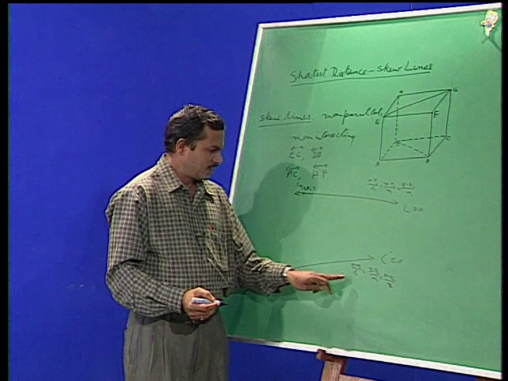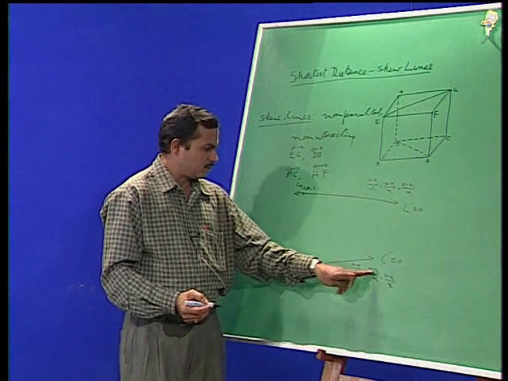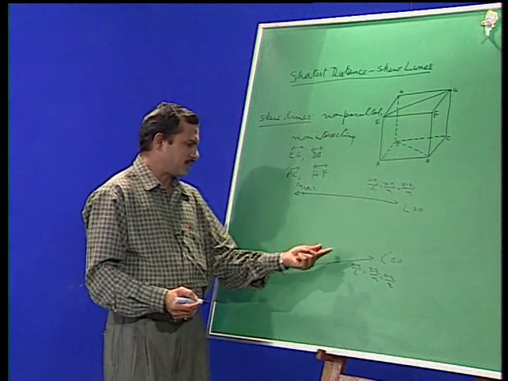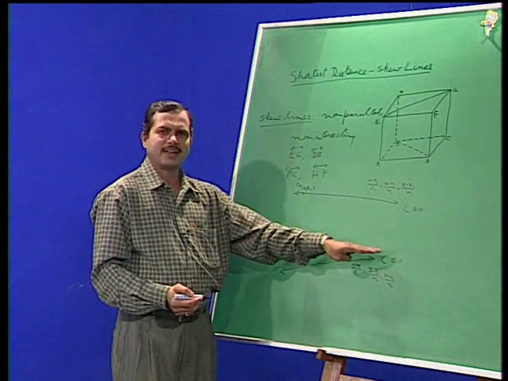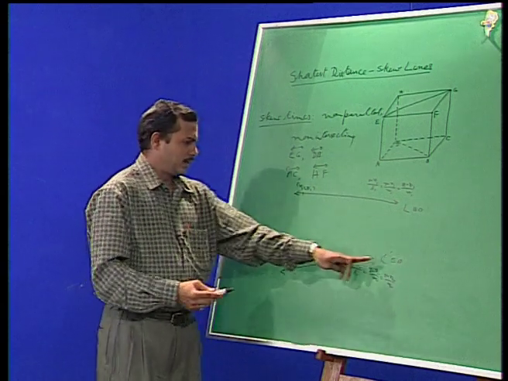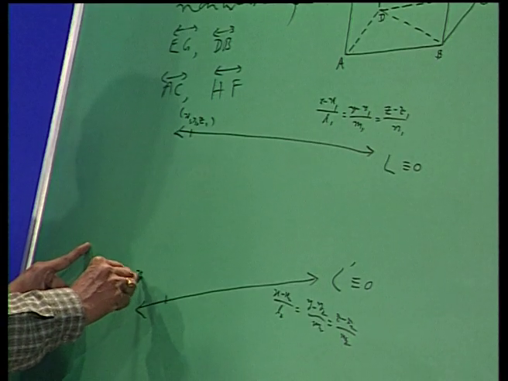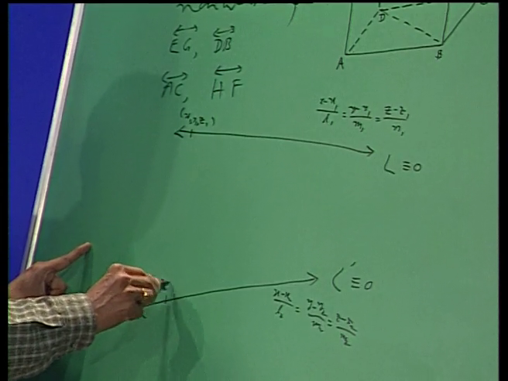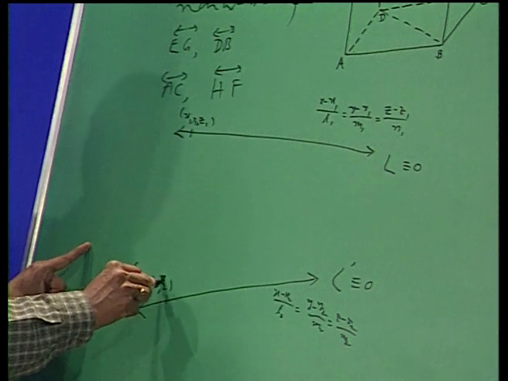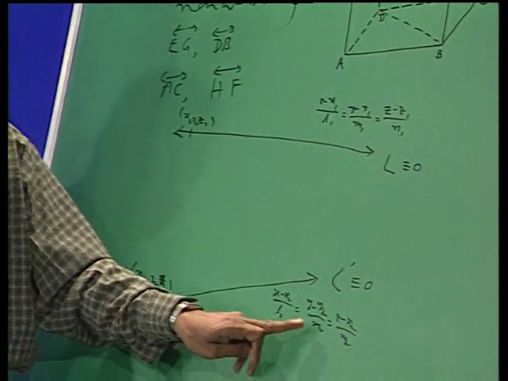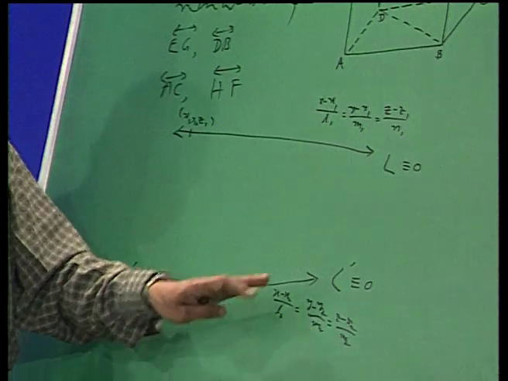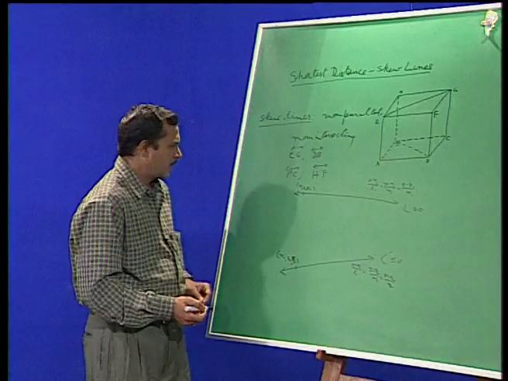And here these coordinates x2, y2, z2 are the coordinates of a point through which this line L dash equal to 0 is passing. Say this is that point, its coordinates are x2, y2, z2, and L2, M2, N2 are the direction ratios of this line.